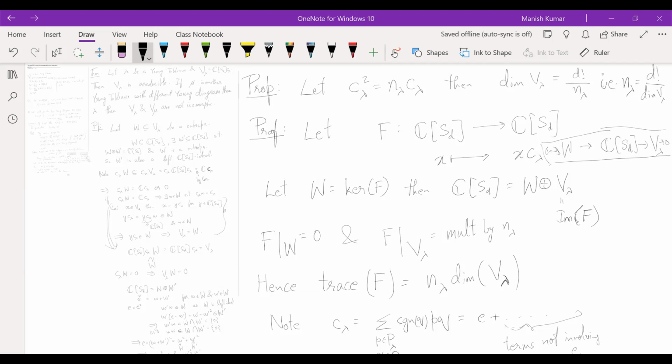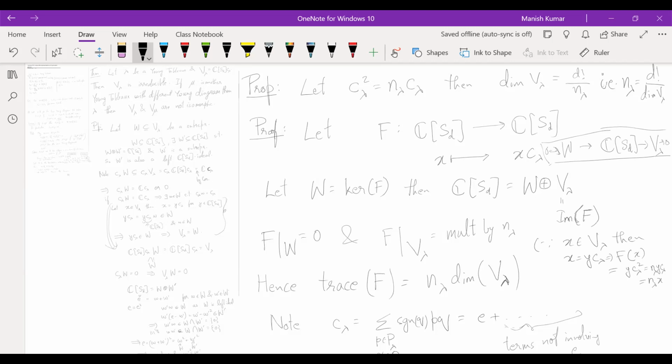Yeah, since if x belongs to V lambda, then x is y times c lambda, which implies F of x is y times c lambda squared, which is n lambda times c lambda. So n lambda times y c lambda, which is n lambda times x. Yeah. So F is just multiplication by n lambda.